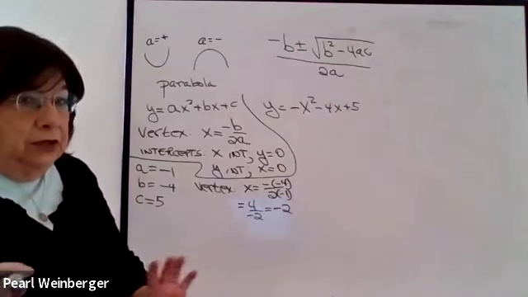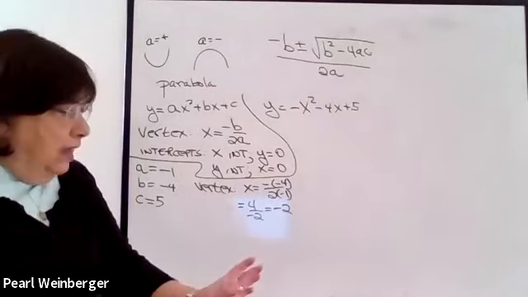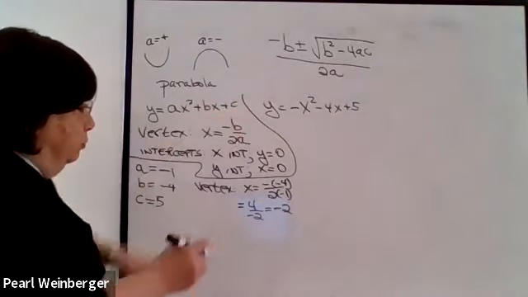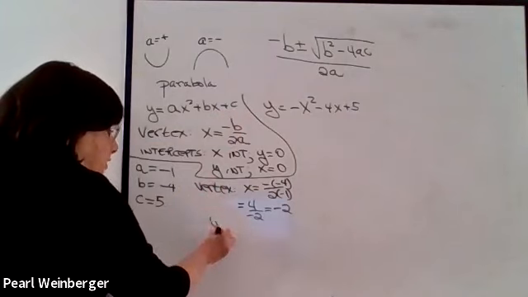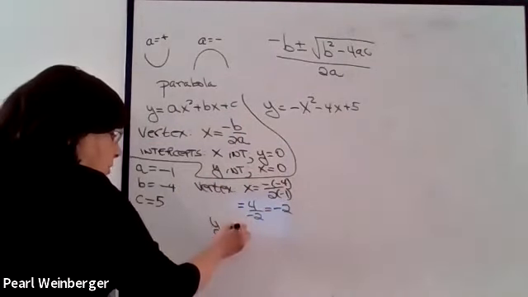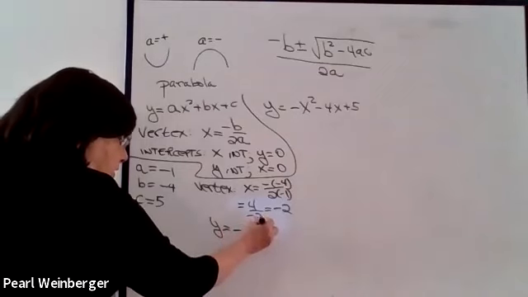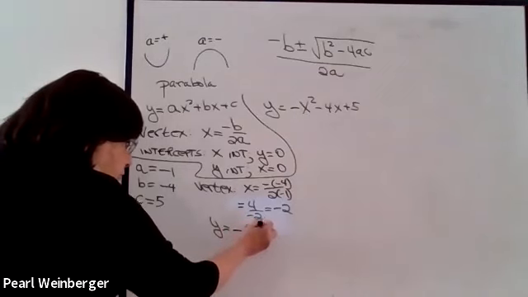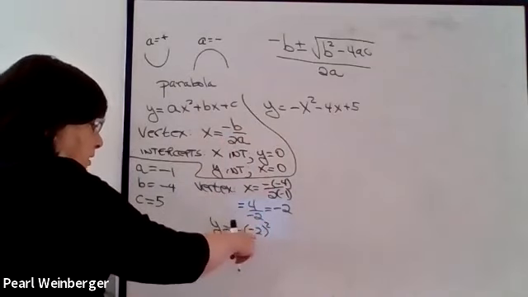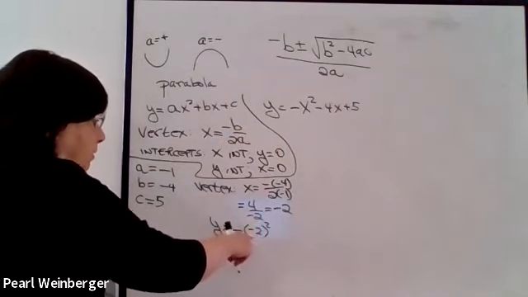Don't say your vertex is -2. It's not complete. We now have to figure out what the y value is, and we do that by sticking this number -2 in for the x. So it's negative, be very careful here, (-2) squared. There's a negative outside, and then the -2 is going to be squared.